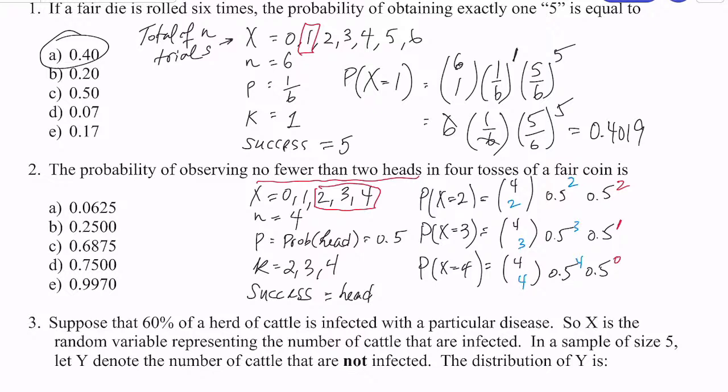We can simplify a bit before we go to the calculator, because we know that these ones simplify. This one will be 4, this one will be 1. And it's just 0.5 all around, so this is 4, and this is 4.